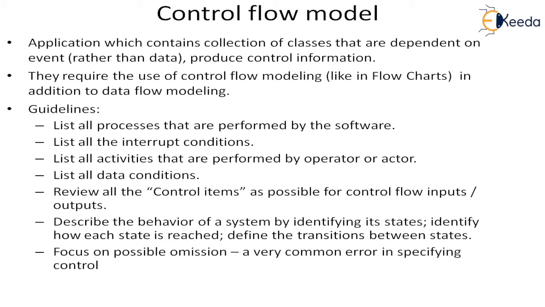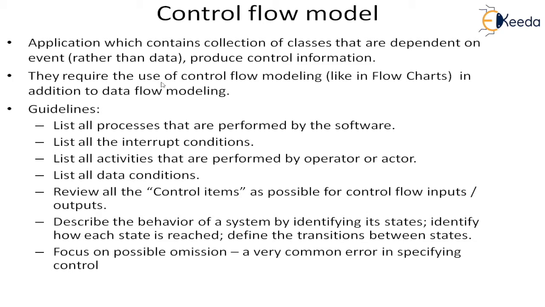In that case, we will need a control flow model. We have to understand how the control changes when there is an input signal or an event or a trigger. So this control flow model will be modeling that kind of information.